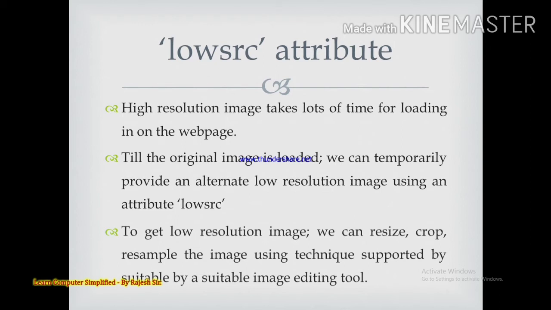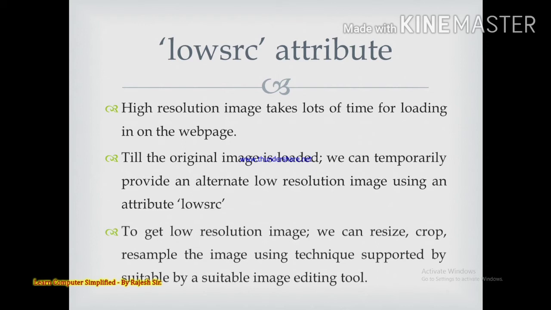Generally this low SRC attribute is not much used nowadays, because we all have speeds of more than 3 Mbps right now. If we are using a broadband connection, we have more than 10 Mbps speed, and if we are using mobile data, we have 7 to 8 Mbps speed, that is 4G connectivity. So even if we use the low SRC attribute, it will not work.